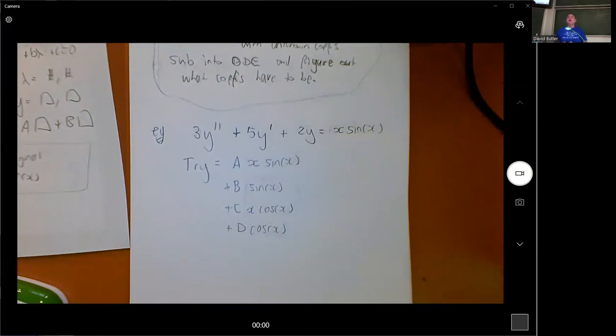So would anyone like to hazard a guess why I have included all of the derivatives of the original function?